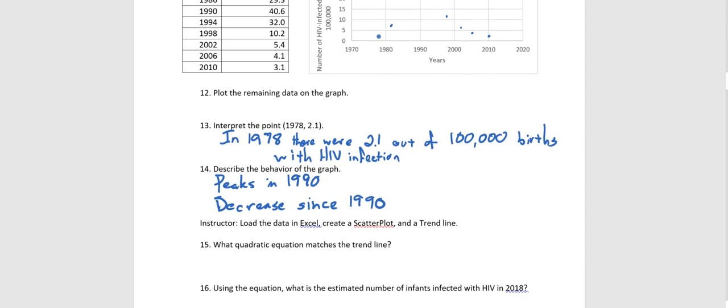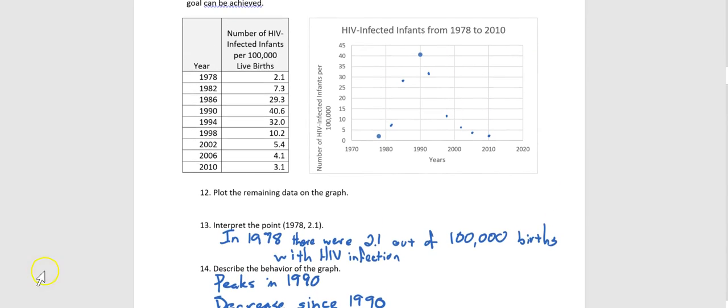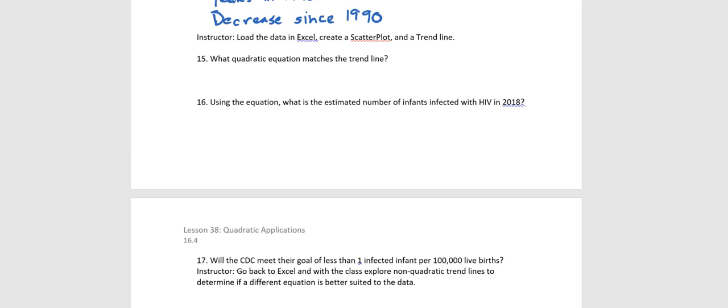I'm going to go ahead and load this data into Excel. Give me a moment to do that. All right, so based on our scatter plot, the equation that we had, hopefully you've written down, is y equals negative 0.1x squared plus 419x minus 417,697.